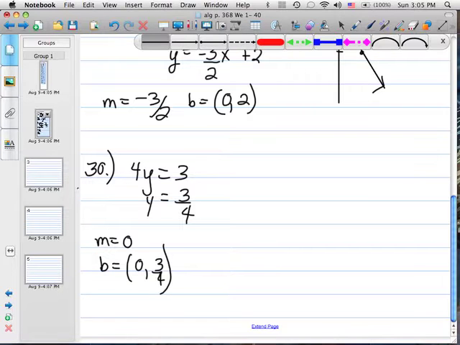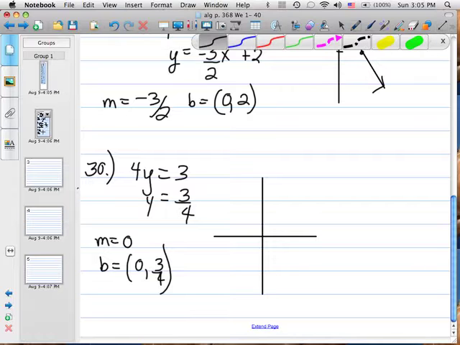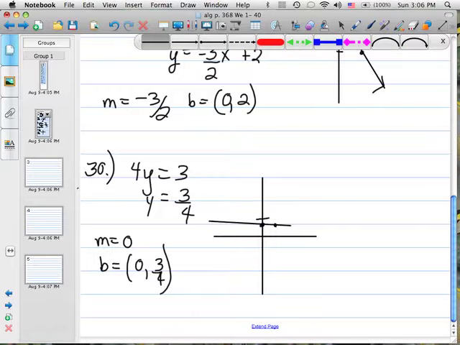So making our coordinate plane and graphing this, we plot 0, 3/4. This is 1, this is about 3/4. And the slope is 0, so neither up nor down, just a horizontal line. So we can just put another point here and connect it. It goes right through it.